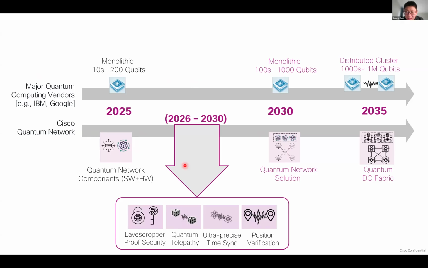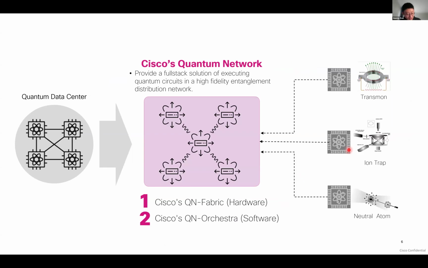In the meantime, we are also working on the classical applications, as I mentioned before. These are also ongoing projects. We are aiming to provide a proof-of-concept demonstration of a full stack, single rack quantum network solution for distributed quantum computing in 2030, and we are aiming to scale it up for data center application in 2035. Okay, so that's all the background.